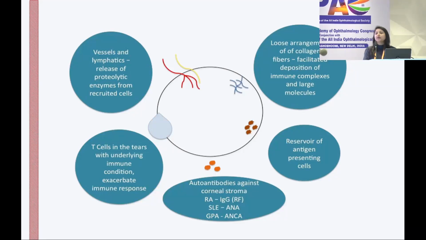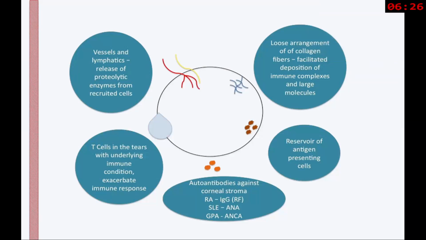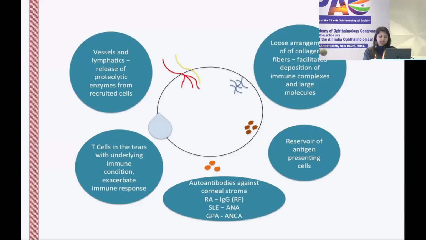Also, the cornea in the periphery is thicker, and the stromal lamellae are loosely arranged. So when these immune complexes are formed, they enter the peripheral cornea, but they get stuck there because that's the only place where they can enter, and they are not able to move forward to the central cornea due to their large size, and hence the peripheral cornea.